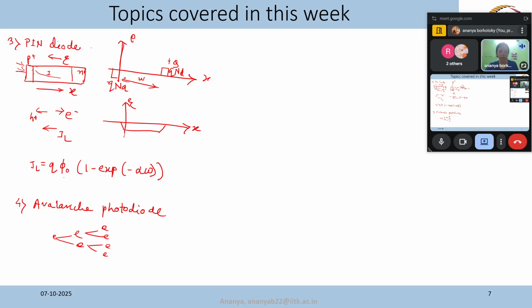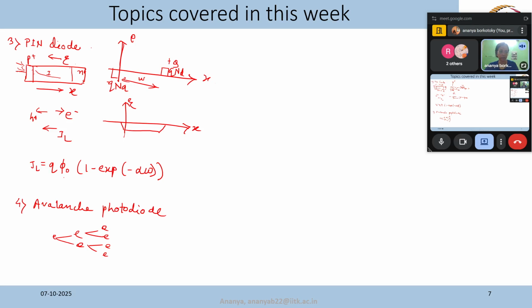It happens because we create a large electric field region. When the electric field is large, electrons and holes move faster, have enough energy to create another electron and hole pair, and that creates yet another. That is the basic mechanism.